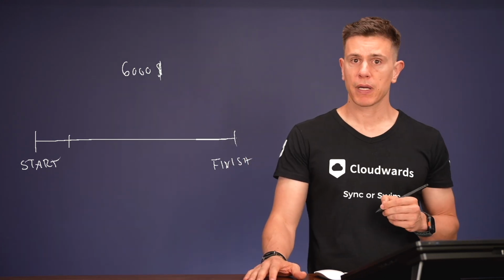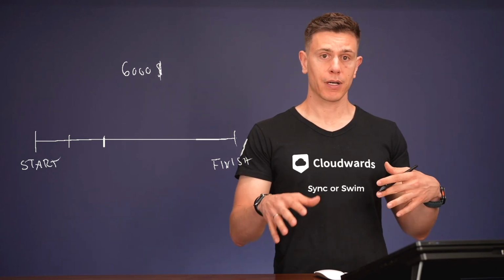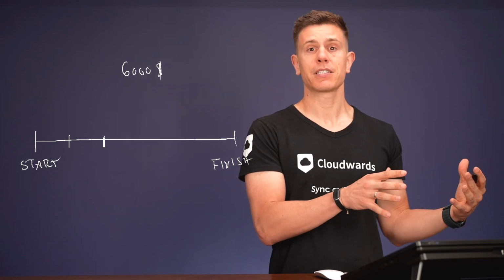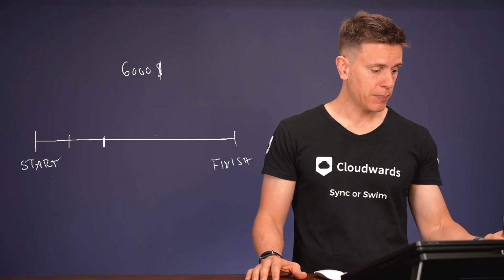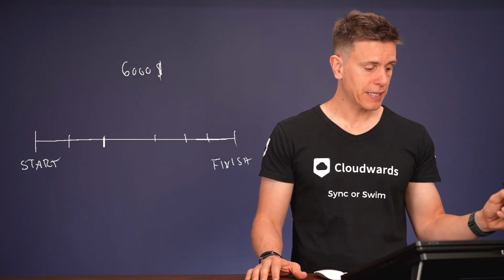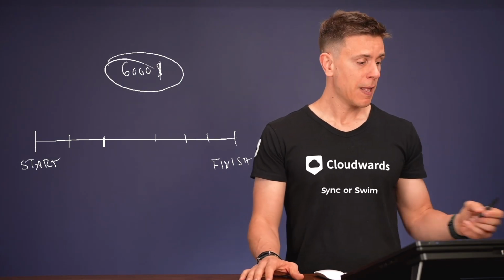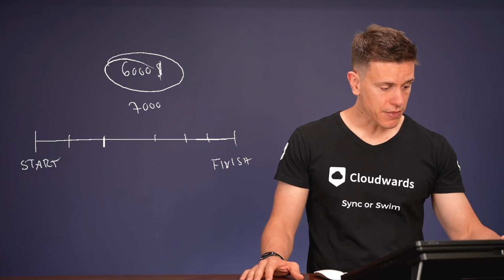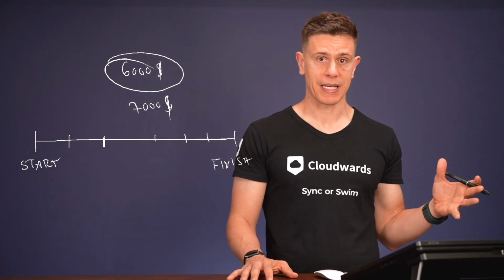The video editor gets sick. The graphic designer cannot find the recent assets for the video to create the motion graphics. Then something else happens, right? And everything might get a little bit delayed. So this project doesn't end up costing you $6,000. It might even cost you $7,000 in the end because of bad organization.